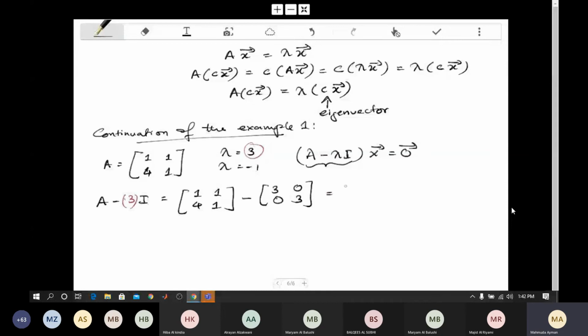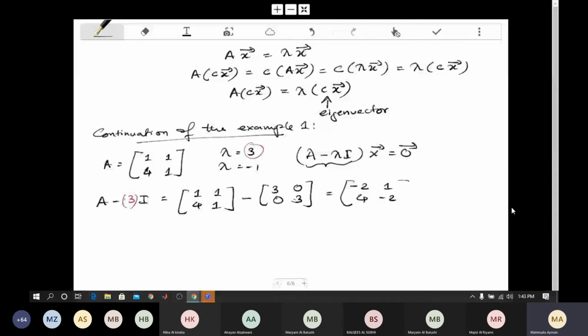So if you subtract them, you will see that we are subtracting the 3 from the diagonal elements here. So 1 minus 3 is minus 2, and then 4 minus 0 is 4, 1 minus 0 is 1, and 1 minus 3 is minus 2.